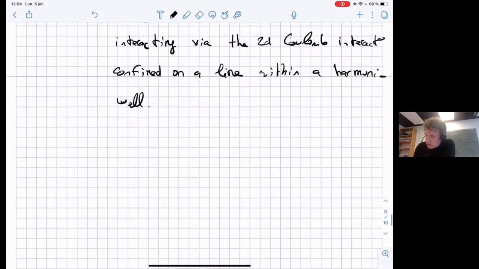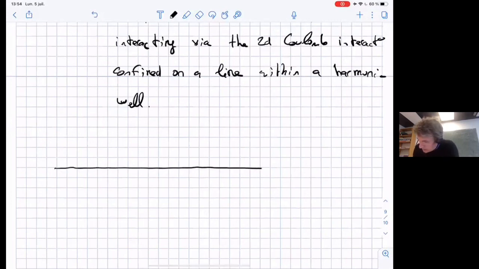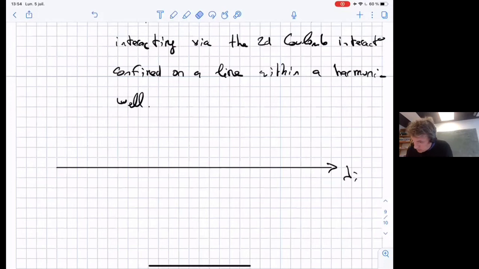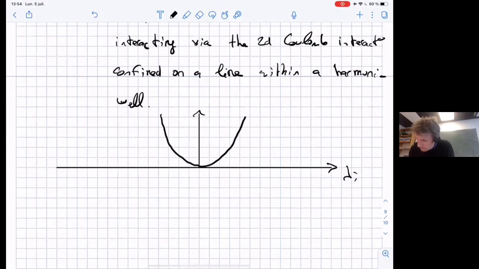So at the end, I really want to understand this model as follows. If I look at the lambda i's, I have a quadratic potential, and I have my particles, which are living on the line.